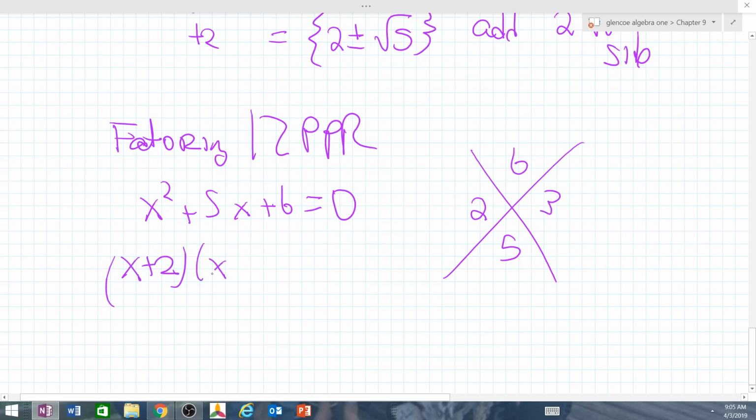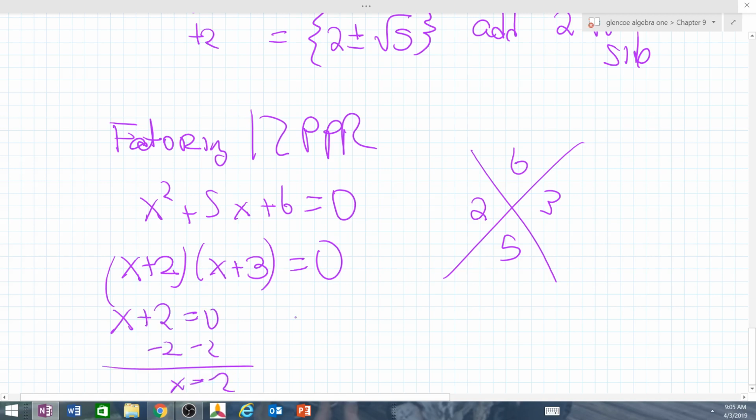That is not the solution. Remember, your solution, once you zipper it, is the opposite sign of what is in the arms of your x. So your actual solution here is going to be -2 and negative 3.